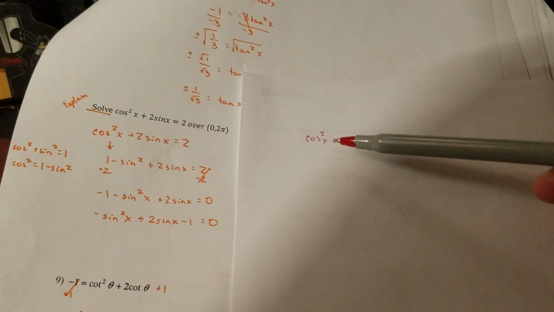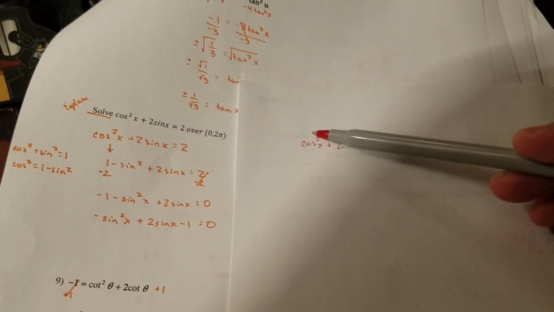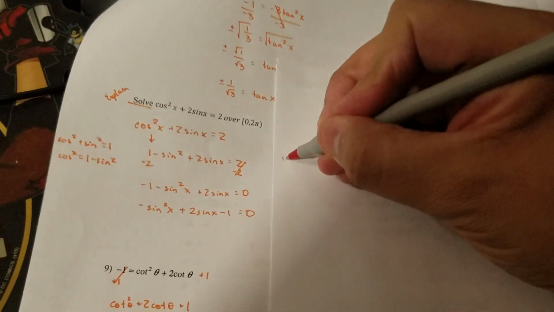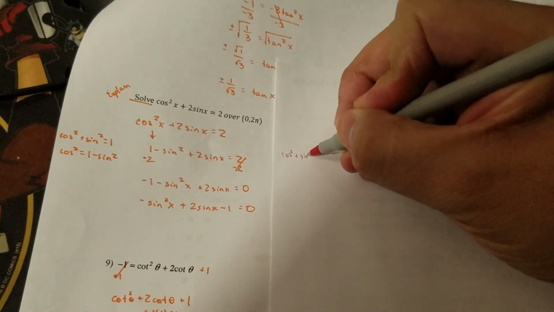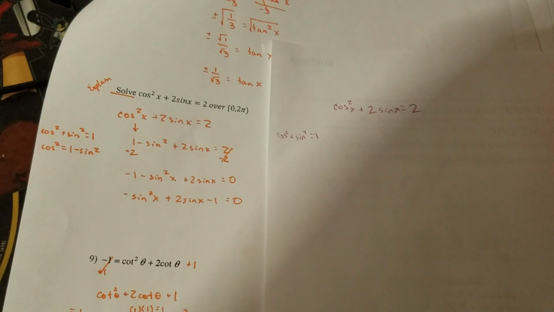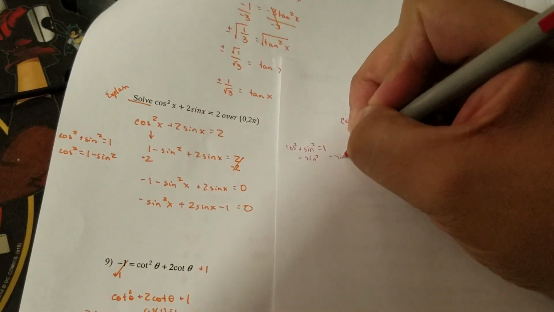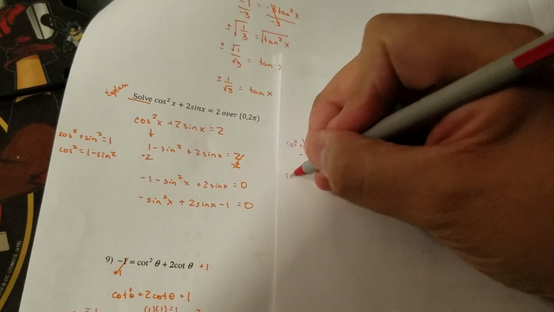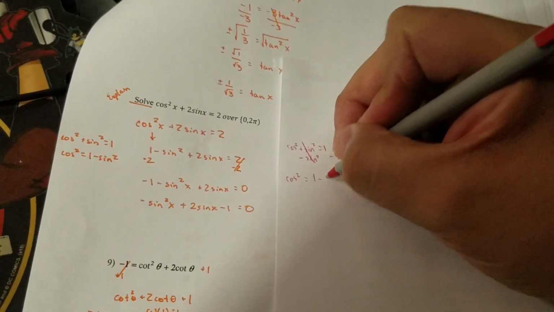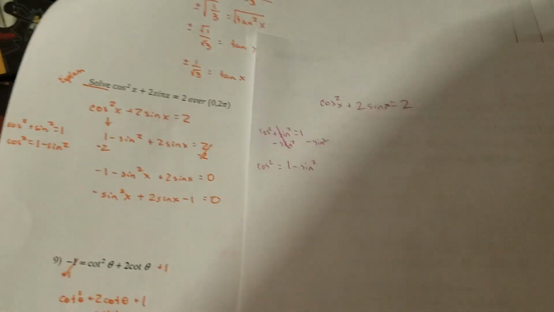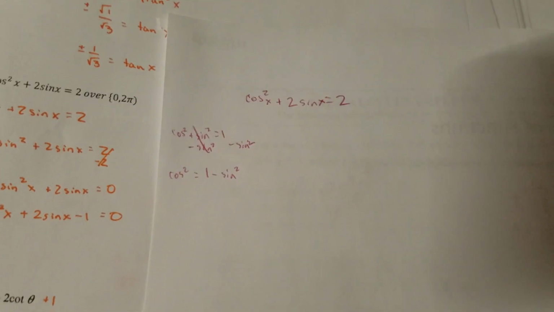So I do have a property that I can use to change this cosine squared into a sine. If I subtract the sine squared, I see that cosine squared is equal to 1 minus sine squared. That's what I'm going to go ahead and use here.